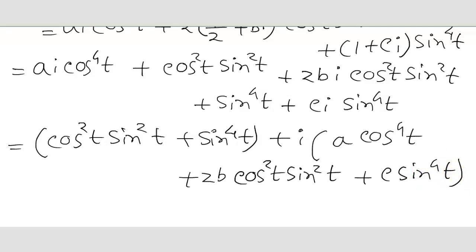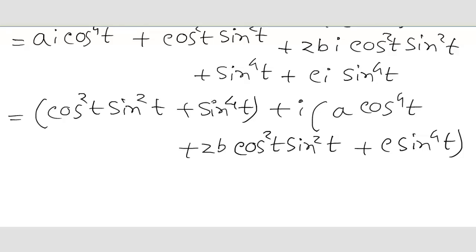Yes, so this is our imaginary part and real part.